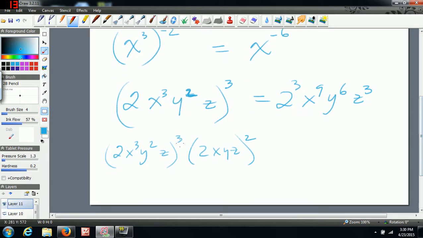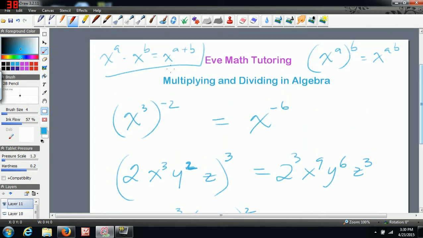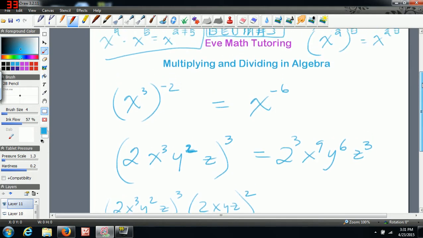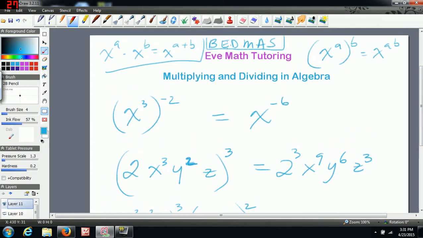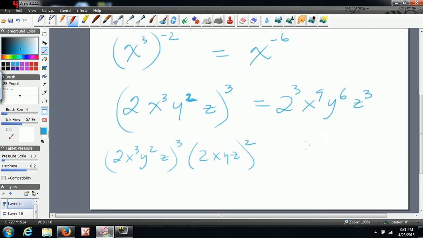In that case, what you're going to do first is follow BEDMAS. It's funny because BEDMAS comes into play again, even in algebra. You're going to be doing the exponent before you do the multiplication. So that's why you're going to deal with the exponent first.